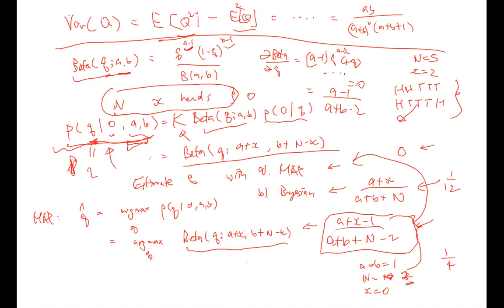Okay, let's see. Do I still have anything else I'd like to talk about for beta distribution? Maybe not. I guess I'll just briefly mention the Dirichlet distribution and multi-normal distribution.